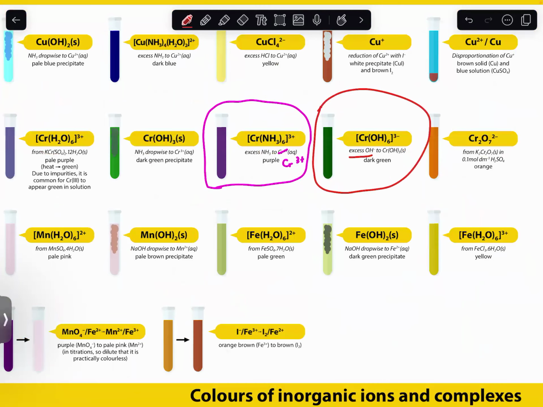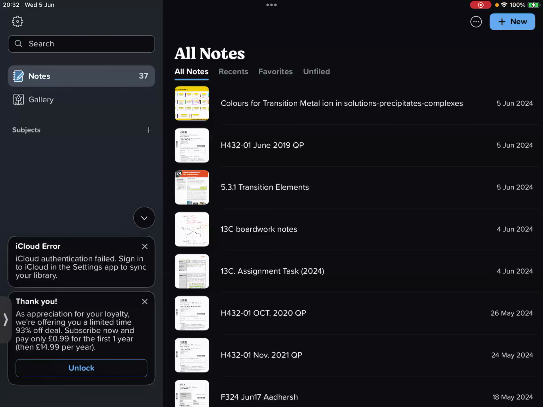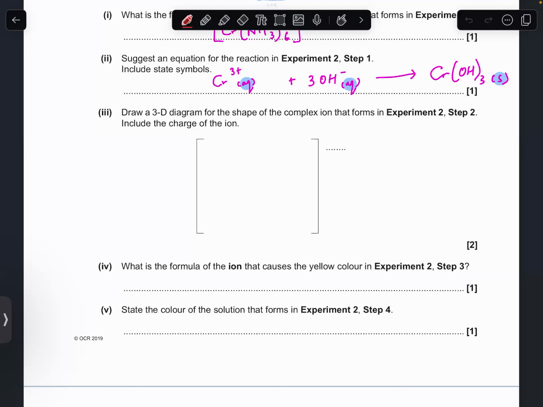So what this gives you, you've got your chromium in the middle. Let's draw our 6 bonds. This diagram is very important. You want to practice drawing it. If you've been following these videos, you'll see that we've drawn this many, many times. There are very valuable, precious marks.